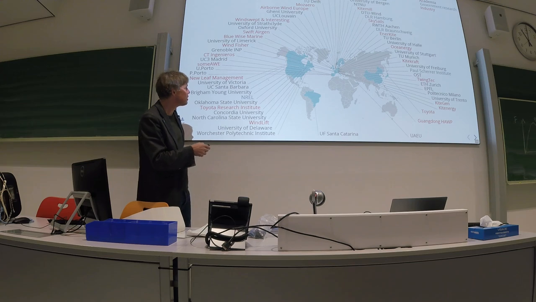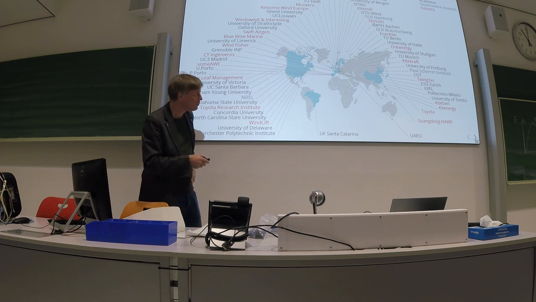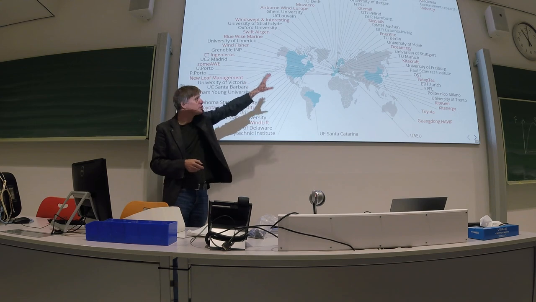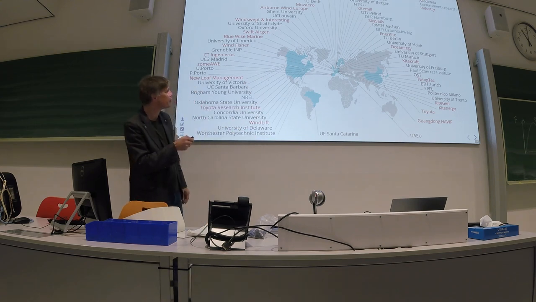You see that most of the activities are in North America and in Europe. We do have some here in Japan, also in China. But I would say the difference between the US and Europe, you have to follow these lines here.